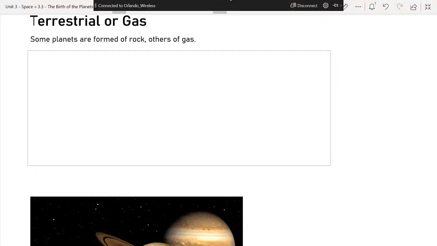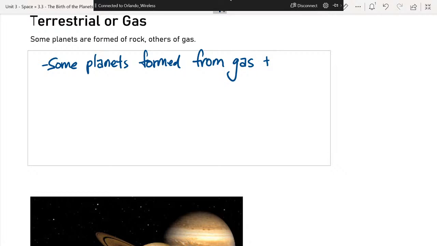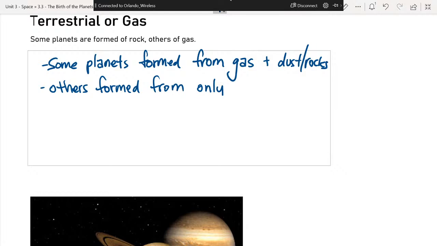So some planets formed from gas and dust, and rocks. Others formed from pretty much only gas. I'm just going to say only gas. That's not quite accurate, but pretty much.